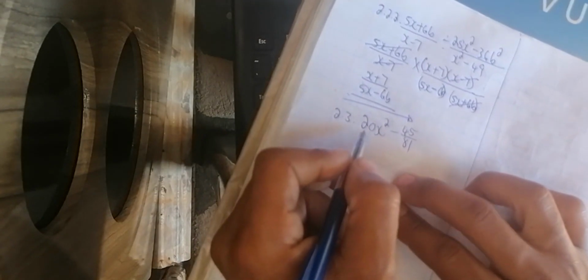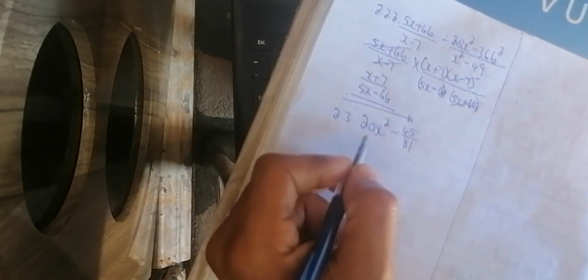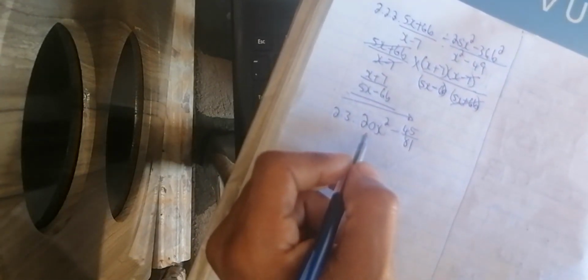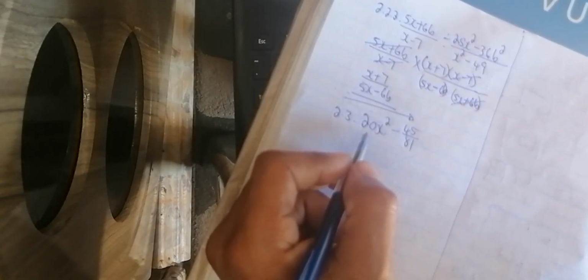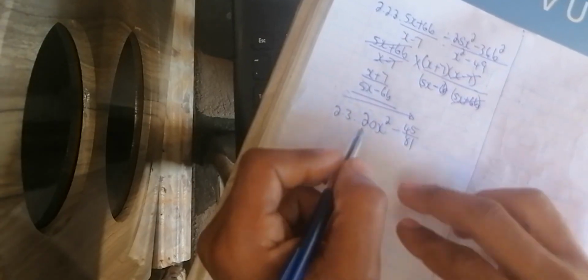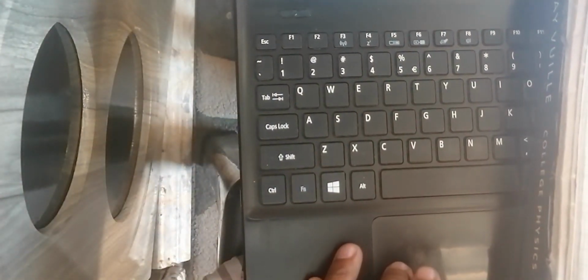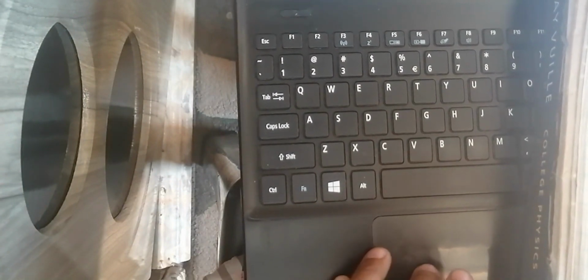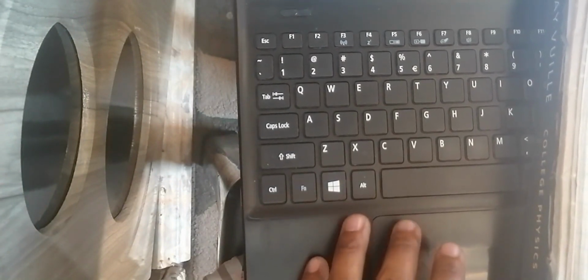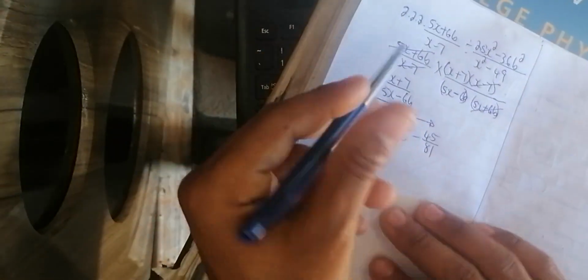Now, what is it that I can do here? The first thing that I should ask myself, right, 20, let me write this as a product of its prime factors and see what we would get. 20 equals 2 squared times 5.